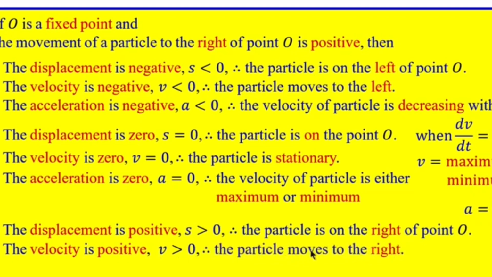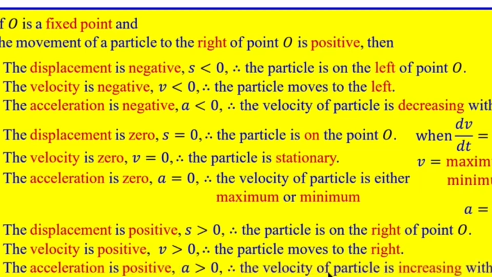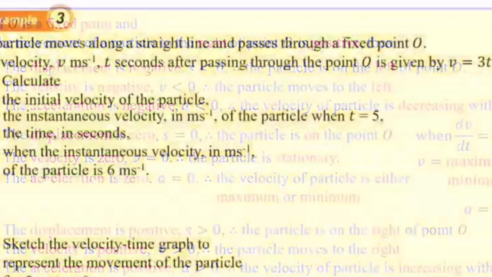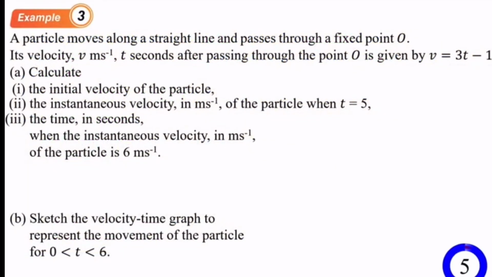The particle moves to the right when the velocity is positive, more than 0, and when the velocity is less than 0, the particle moves to the left. When the acceleration is more than 0, the velocity increases with time, and if it is negative, the velocity decreases with time.